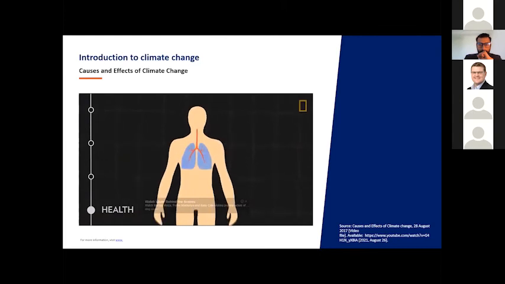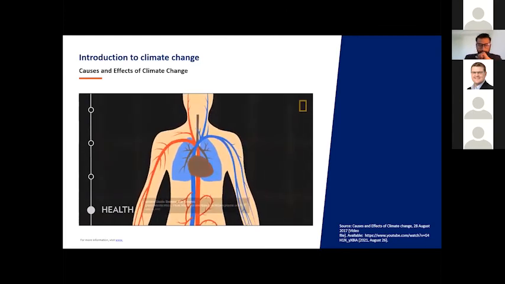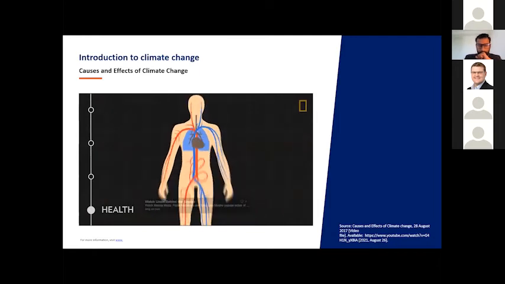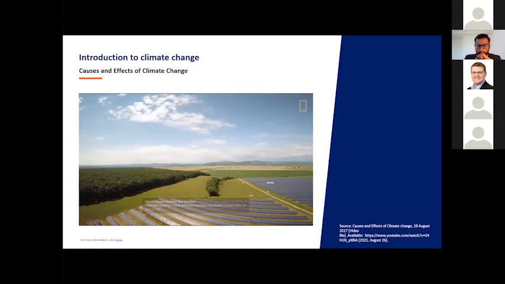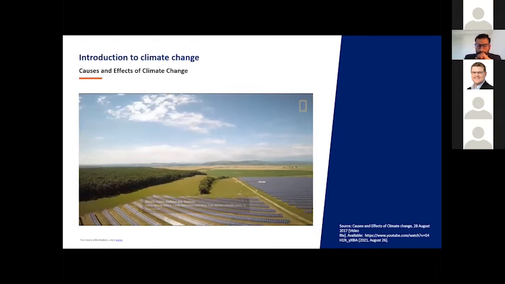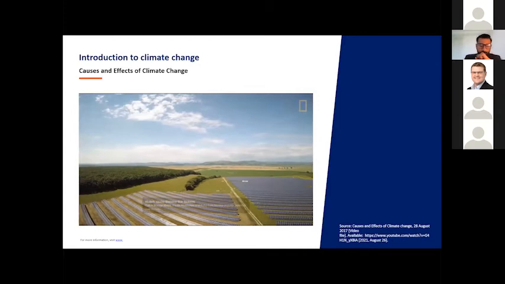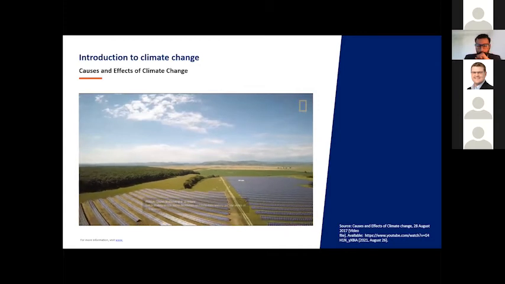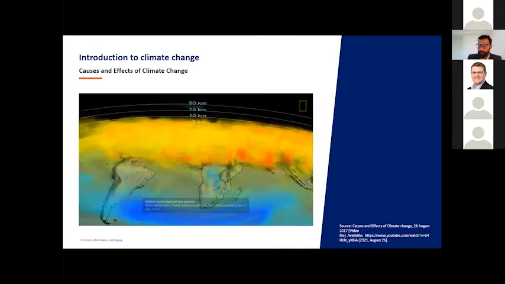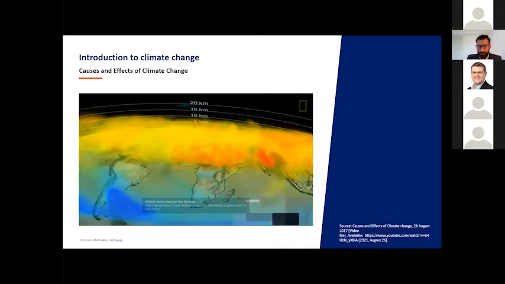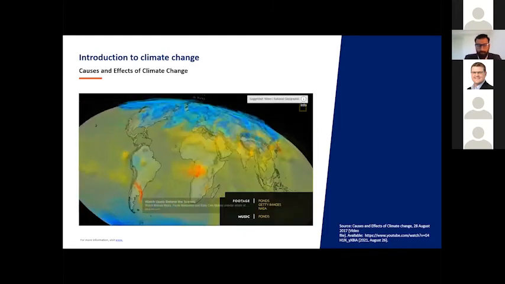Exposure to higher levels of smog can cause health problems such as asthma, heart disease, and lung cancer. While the rapid rate of climate change is caused by humans, humans are also the ones who can combat it. If we work to replace fossil fuels with renewable energy sources like solar and wind, which don't produce greenhouse gas emissions, we might still be able to prevent some of the worst effects of climate change.